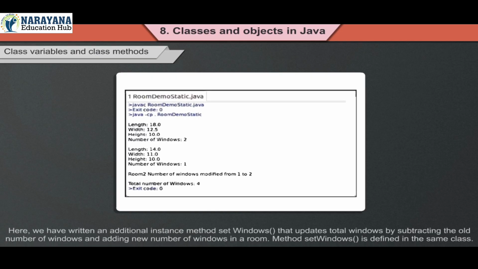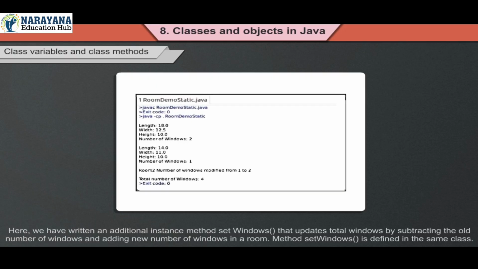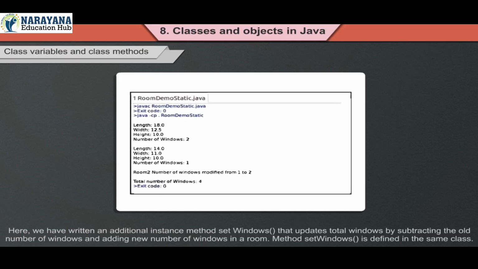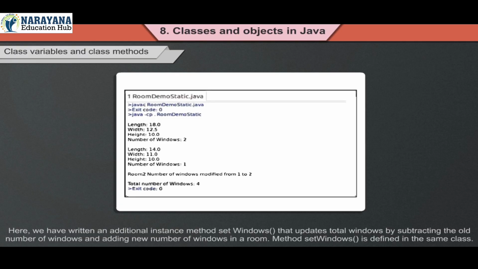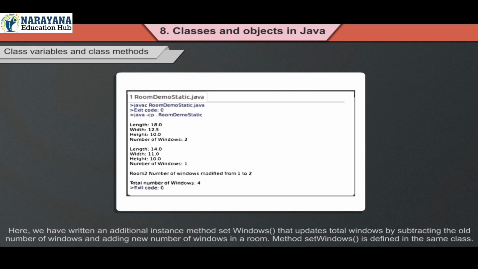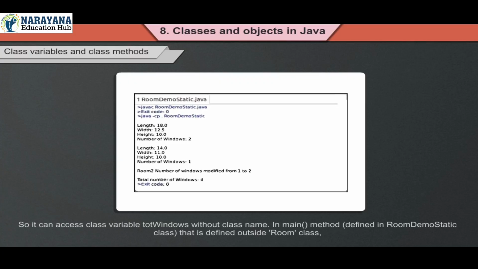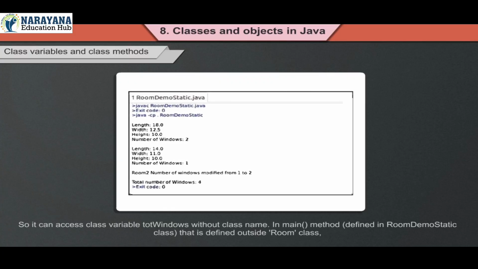Here, we have written an additional instance method setWindows that updates total windows by subtracting the old number of windows and adding the new number of windows in a room. Method setWindows is defined in the same class, so it can access the class variable totalWindows without the class name.